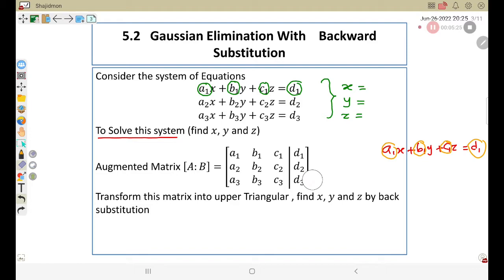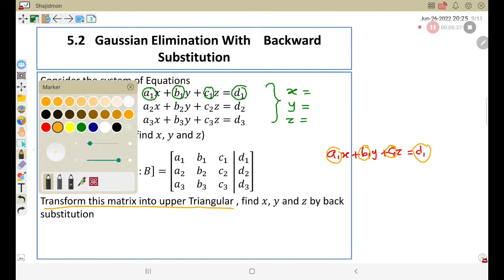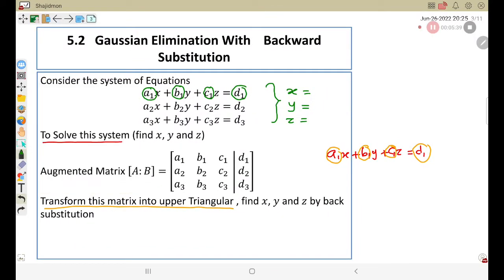Once you write this AB matrix, transform it into an upper triangular matrix. You know what that means? We discussed the upper triangular matrix in section 5.1. Upper triangular means there will be a triangle like this. In this triangle we have numbers, but the numbers down here should be zeros.